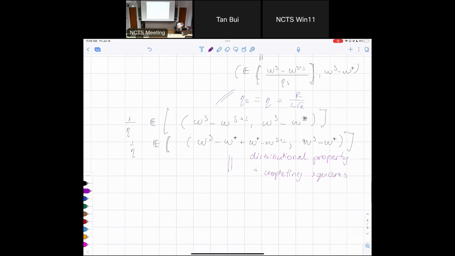So if I do that, you can rewrite this as 1 over 2 eta. You take the 2 outside. What you get inside is this.